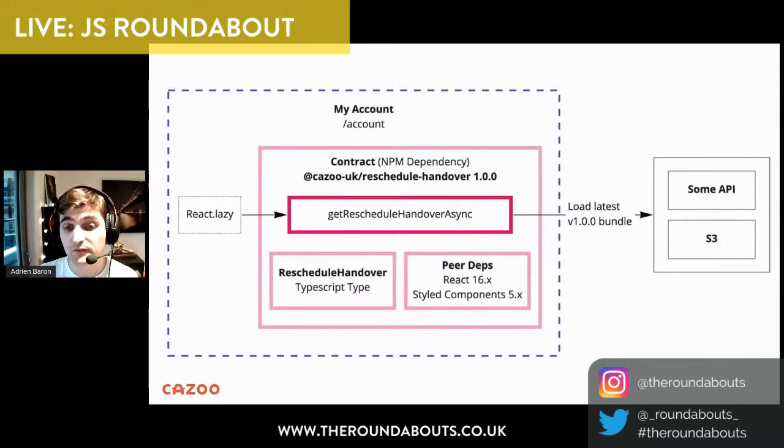The main difference, the thing to be very aware of here, is there is an npm package involved, but the source of the component itself is not in the npm package. It's fetched at runtime, meaning it can change over time. And when you opt into a major version of the npm package, you basically opt into a given contract, a given interface of your component.